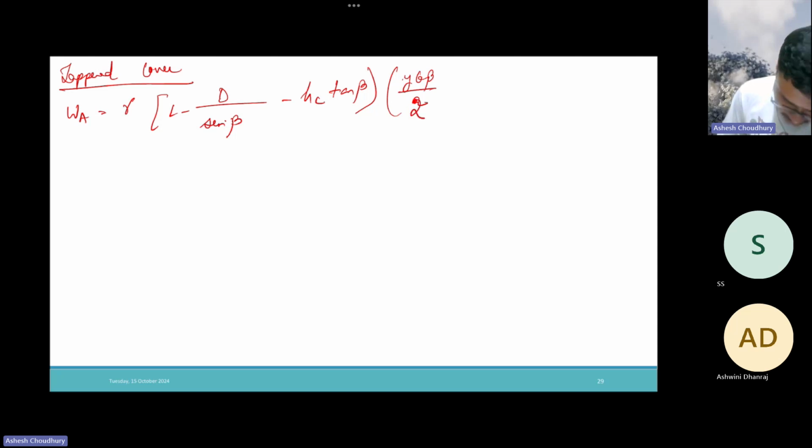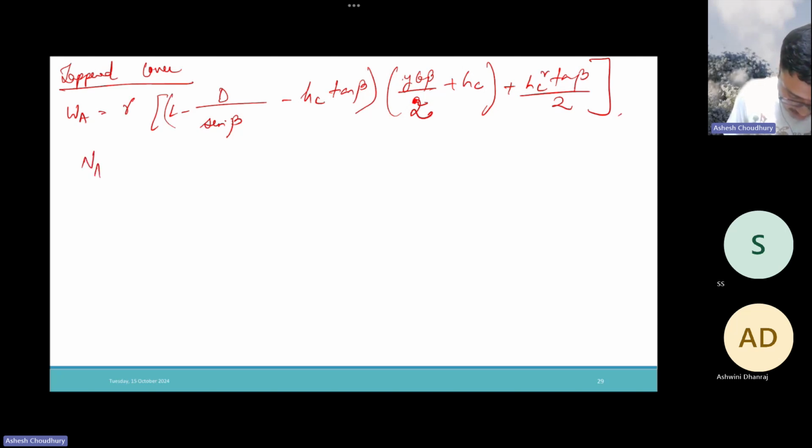So I guess beta by 2. Check the expressions.